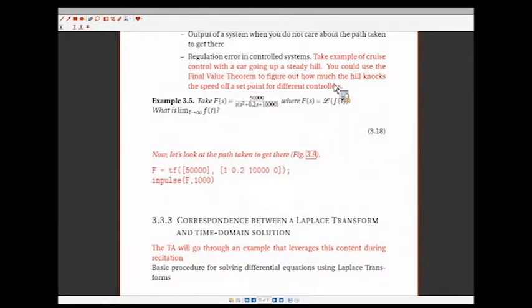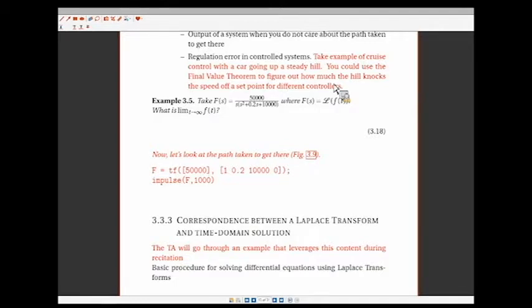Say for instance, and this problem is just to show a point, you're given some sort of Laplace transform. It is 50,000 over s times s squared plus 0.2s plus 10,000. If we were to do the inverse Laplace transform of that function, what would be f of t as time goes to infinity? That's going to take a pretty considerable amount of work, probably 20 minutes on a test, because you have 3 poles.